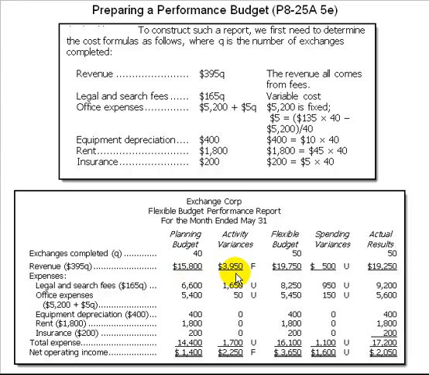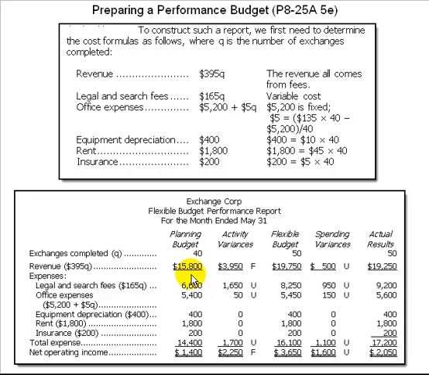So we've got an activity variance that's favorable because the plan. Well, let me see how the best way I can explain this. The 3,950 represents the difference in revenue of what we would have earned given our actual level of activity versus what was planned.